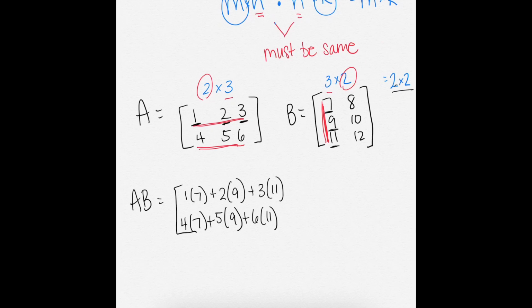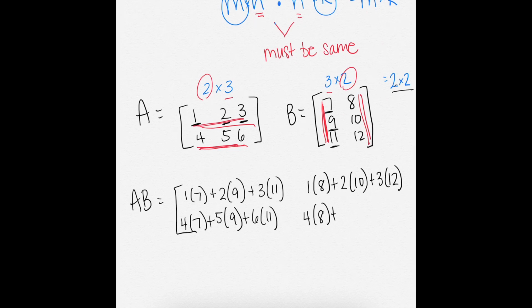So then we're going to go to the top right entry. We're going to go with top row, right column, dot product. 1 times 8 plus 2 times 10 plus 3 times 12. And then we're going to do the bottom right entry. So hopefully you've guessed by now it's going to be bottom and right.